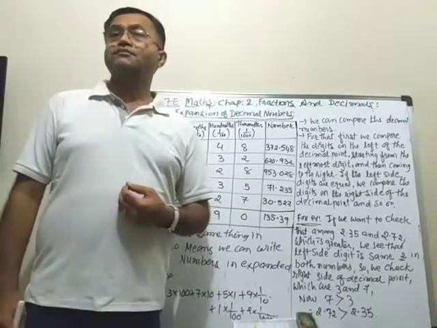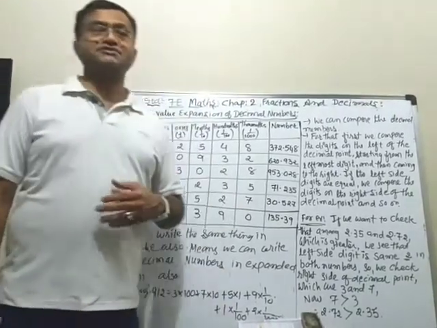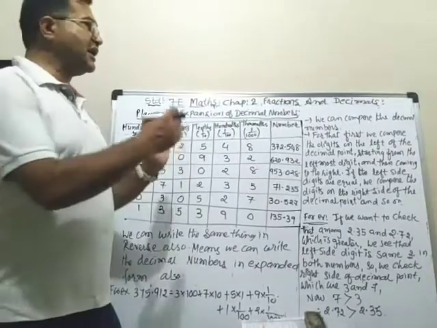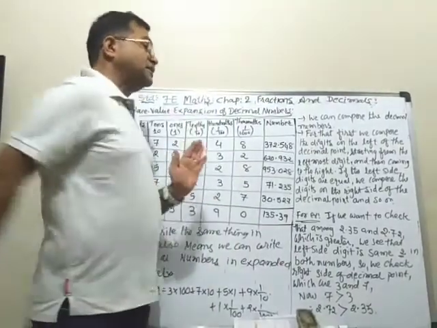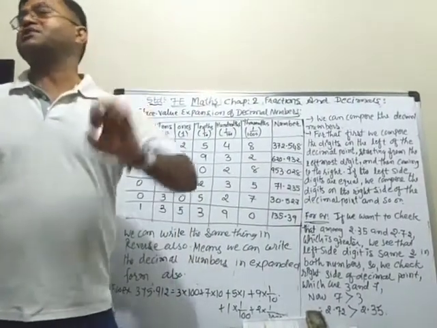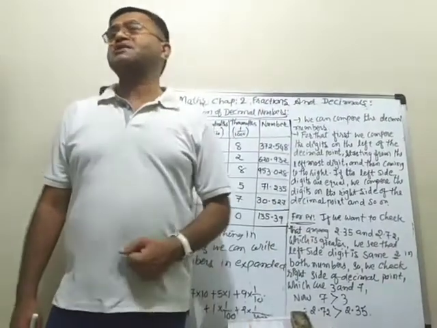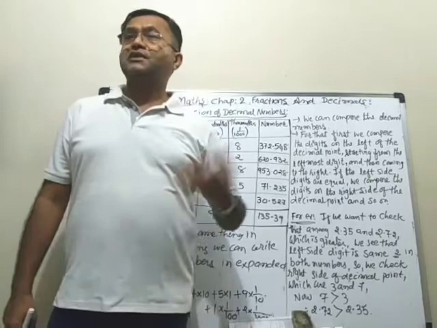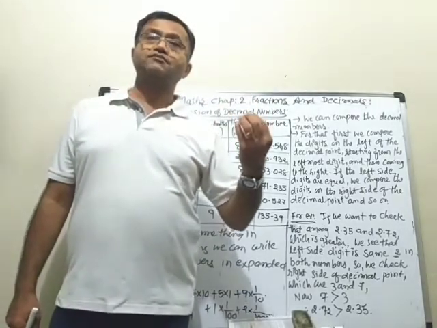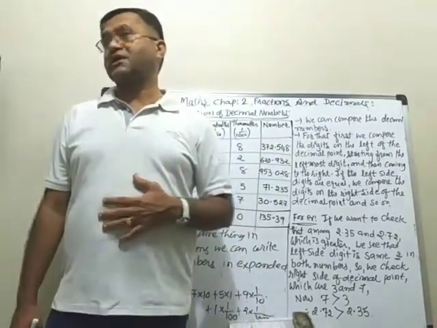But now in the decimal numbers, after the ones place we put the decimal point, and then to the right of the decimal place the number is getting smaller by 10th part.